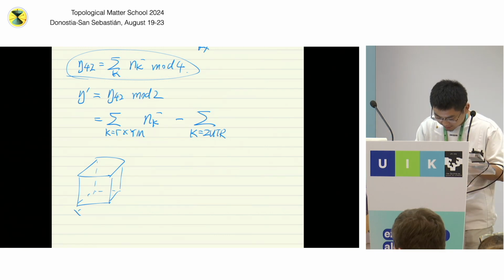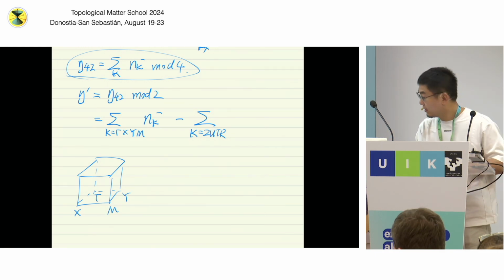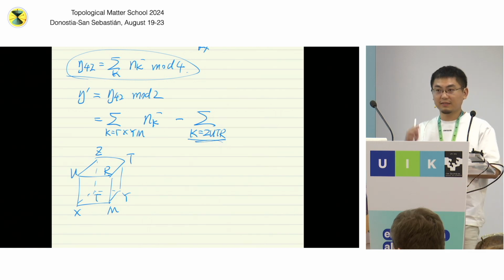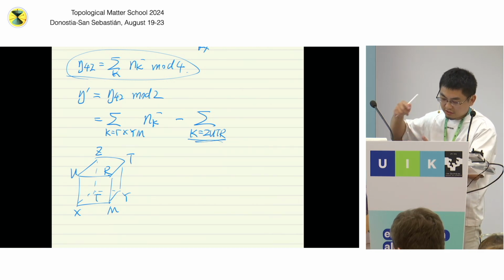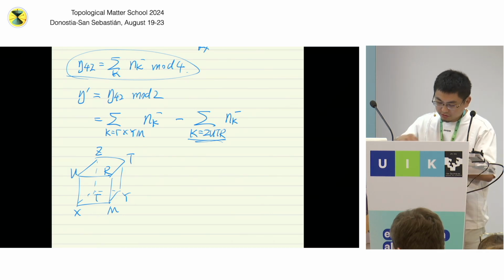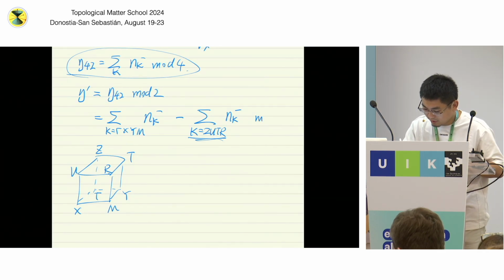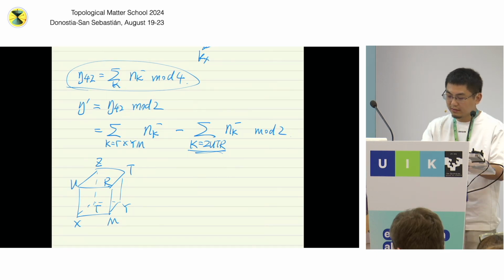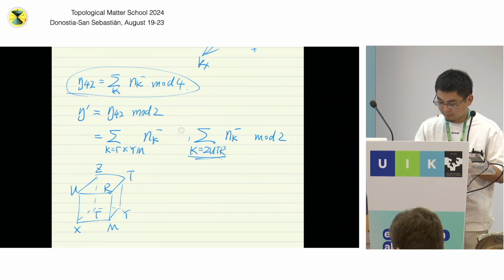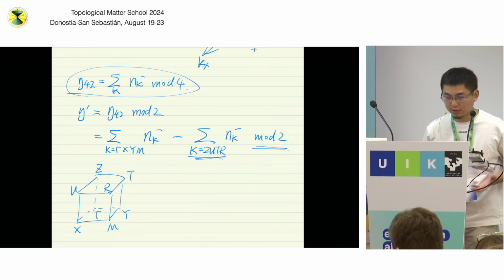So this is X, M, Y, Gamma, and this is Z, U, T, R. These four momenta are just high symmetry positions at the kz equal to pi plane. And we sum over all the occupied odd levels, and then we mod 2. You may wonder why this operator becomes minus. Before it was plus. The reason is that here we have a mod 2, so they are equivalent.